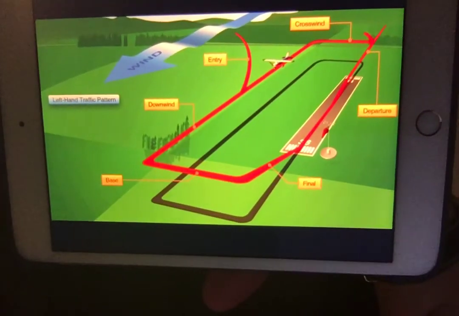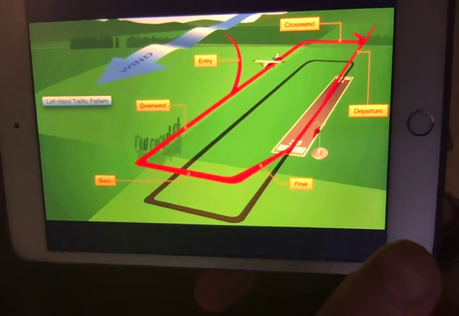The reason for that is you don't want to land with a tailwind because your ground speed is going to be much higher, your landing distance is going to be much higher, and generally it's never fun. You can overspeed the gear, pop tires, or just have a super long landing and maybe even go off the end of the runway. I've landed with slight tailwinds, just a few knots, and you really, really notice the difference. It can get hairy. Sometimes jets do it, but that's only because they have to.